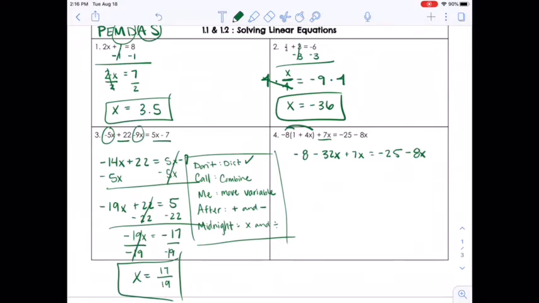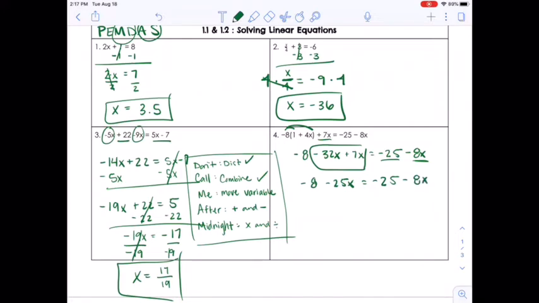Our next step is combine like terms, so I'm going to combine my x's over here. So I've got negative 32x plus 7x. It's going to give us a negative 25x, and our negative 8 stays. And on the right side, we don't have any terms to combine because we've got an x term and a constant.